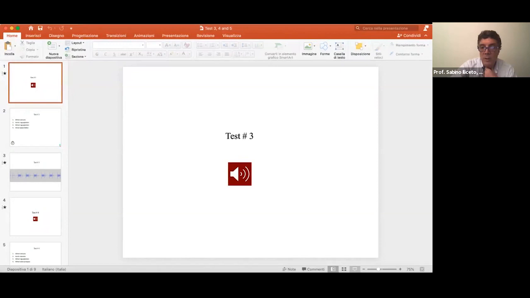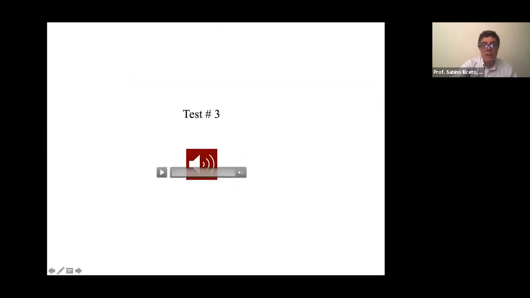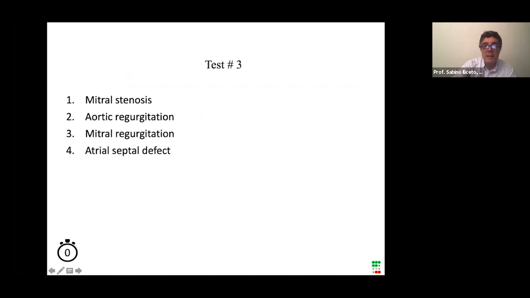As usual, I shall show you the sound first, and we shall move to the test afterwards. So, number one. These are the four possibilities: mitral stenosis, aortic regurgitation, mitral regurgitation, atrial septal defect.